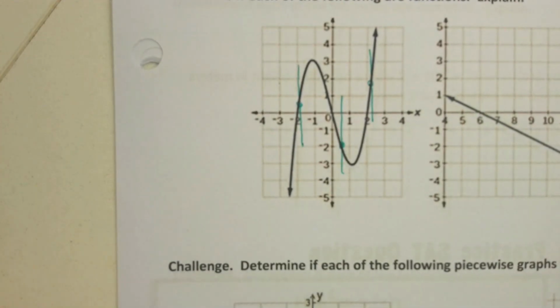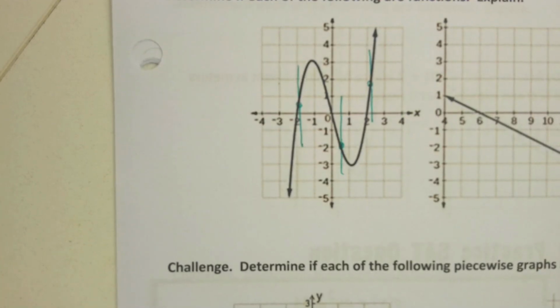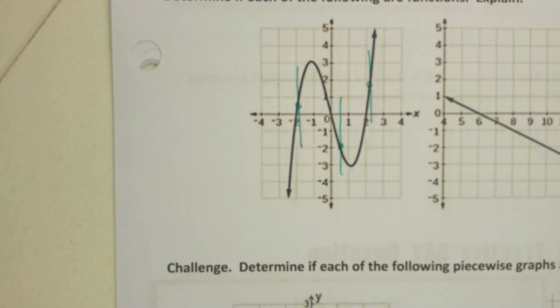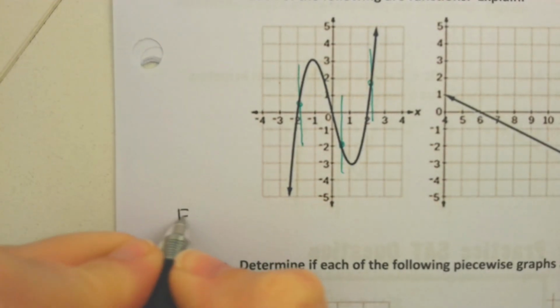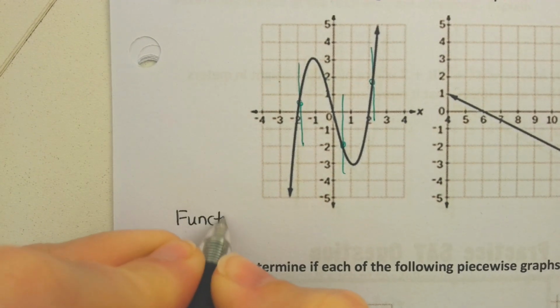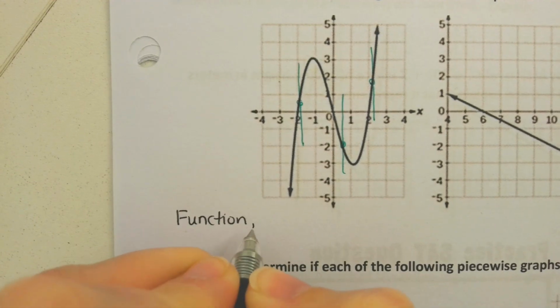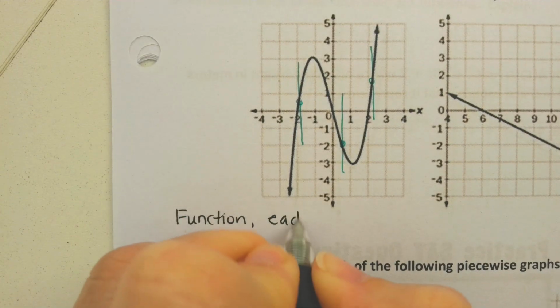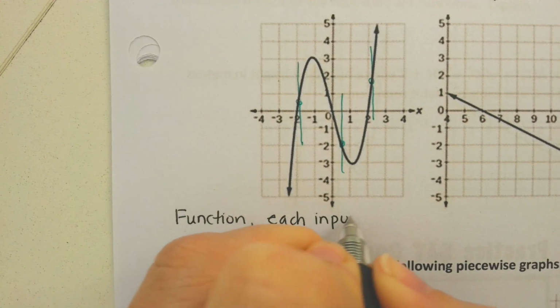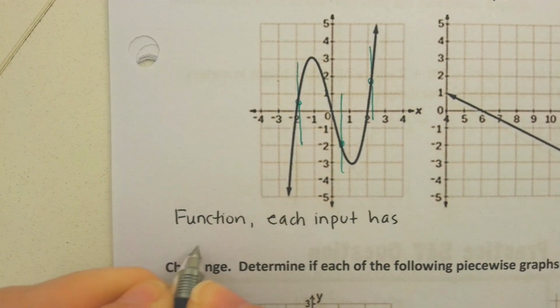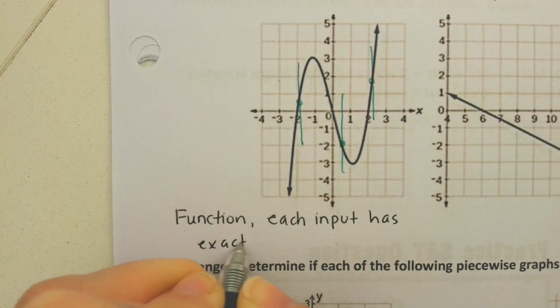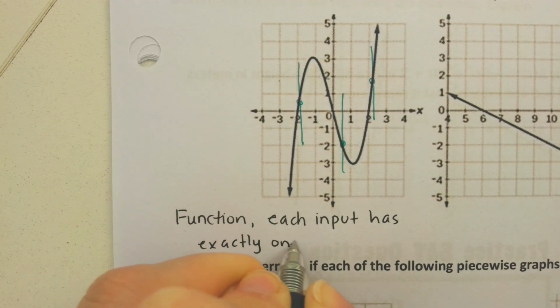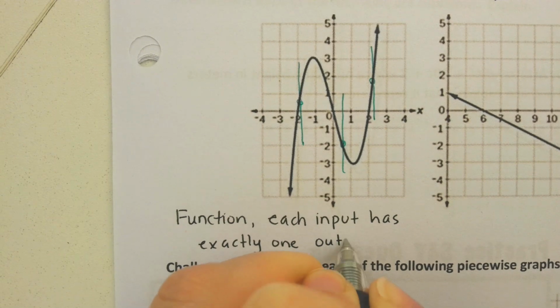It is a function because each input has exactly one output. I know, it's going to become the bane of our existence. Do you think I'm going to ask you for this definition on a test? Yes. Probably. Maybe make a note of that. Each input has exactly one output.